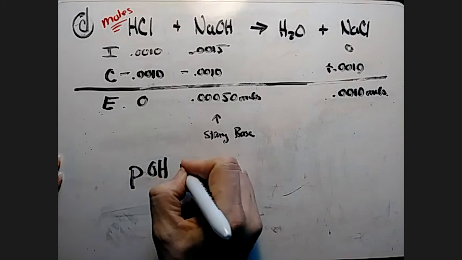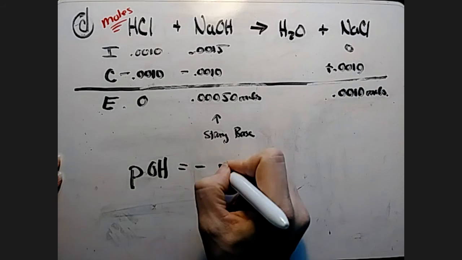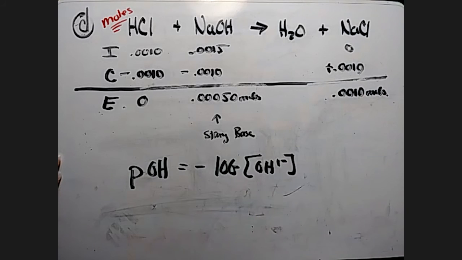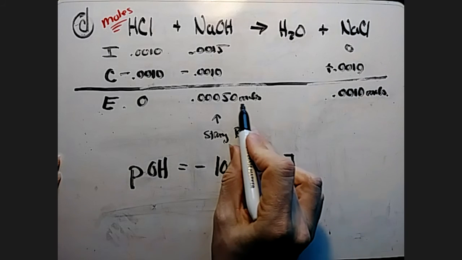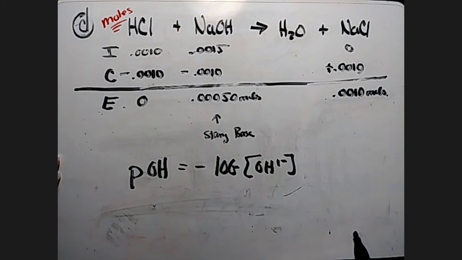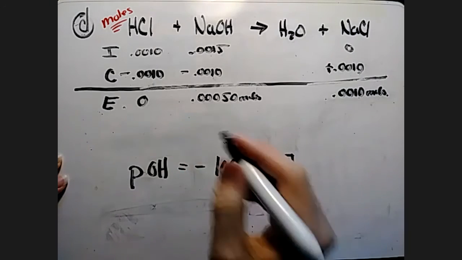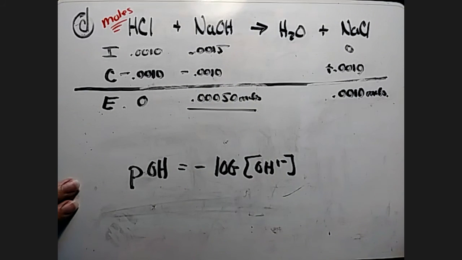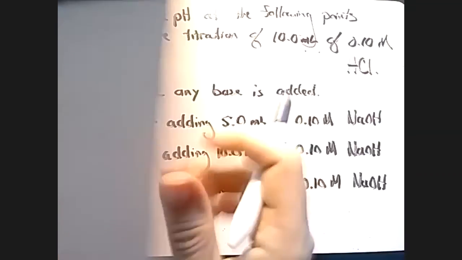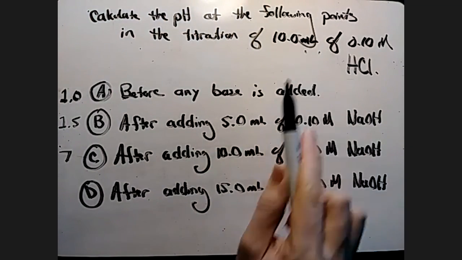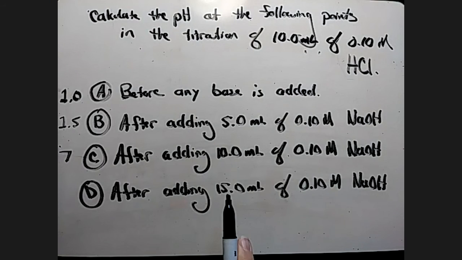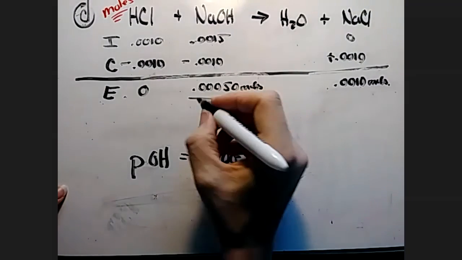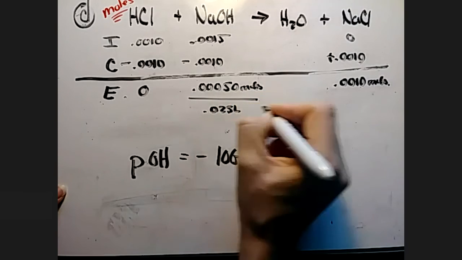So I'm going to calculate it through pOH. pOH equals the negative log of the concentration of hydroxide. So I just need to transform my moles into a concentration before I plug and chug. So I'm going to divide again by the total volume. Total volume at this point, just to refresh our memories, 10 milliliters of my acid was added with 15 milliliters of my base. That's 25 total milliliters, or 0.025 liters.